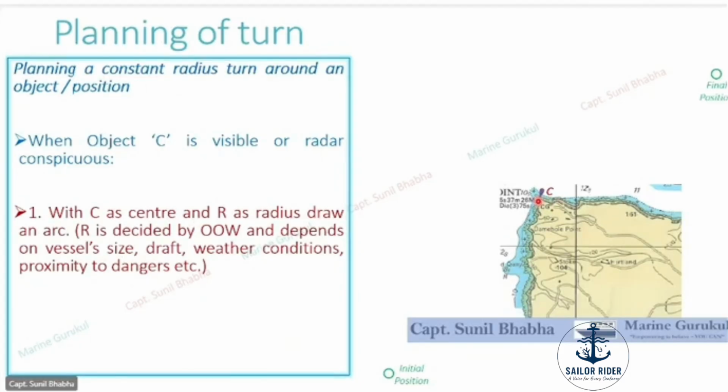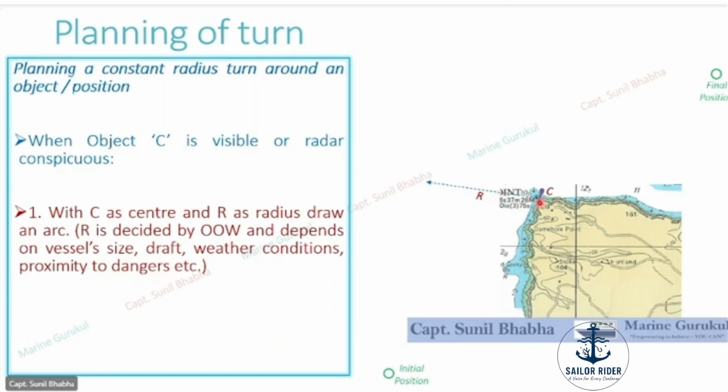Now once the radius is finalized, with C as the center and our compass open equal to the planned radius, we now draw an arc. So let us show the planned radius here. You can see this radius coming up on the screen represented by R. This is our planned radius. So we open up our compass equal to our planned radius.